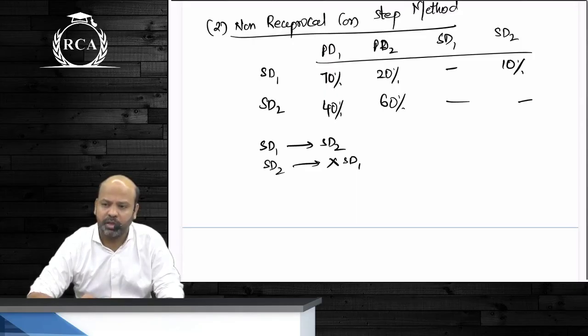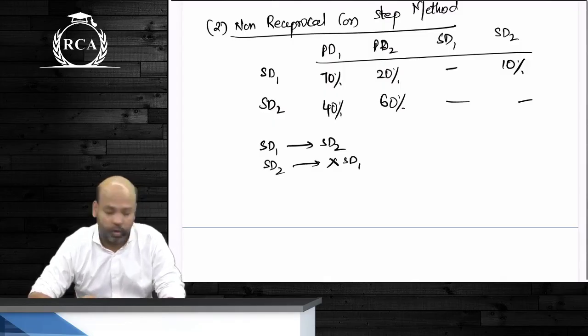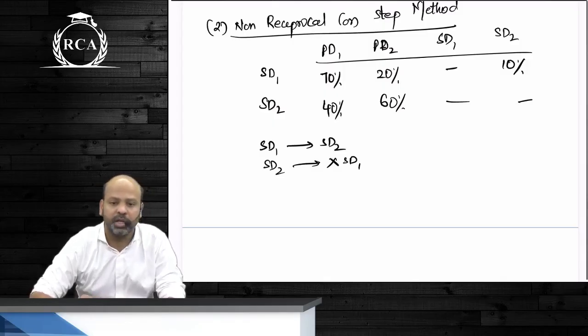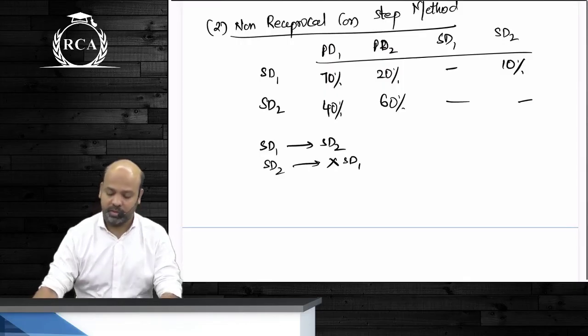Under step method, the service departments that render service to all the other service departments should be reapportioned first. Should be reapportioned first. Next.